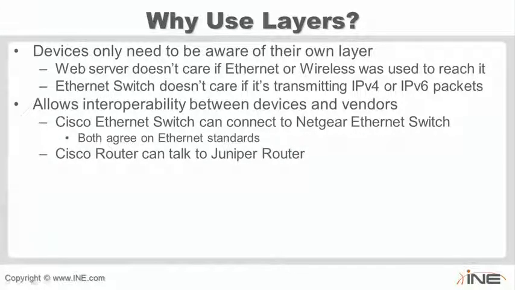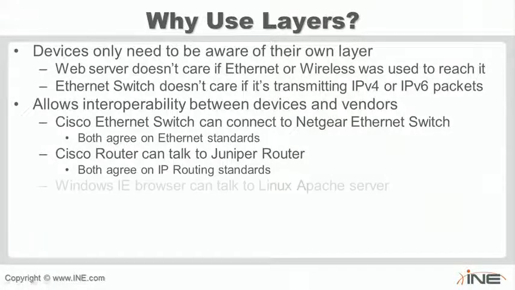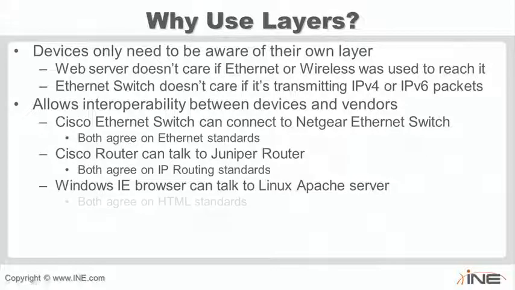I could have a Cisco router on one side, Juniper on the other, as long as they agree on the standards for IP and IP routing at layer 3, then they're going to be able to talk to each other. Same would be true of your applications. So if I talk to a web server that's running on Linux, it doesn't care that I'm coming from my Windows machine or coming from Mac OS, because they're agreeing to run the HTML standard that's defined at layer 7, at the application layer.